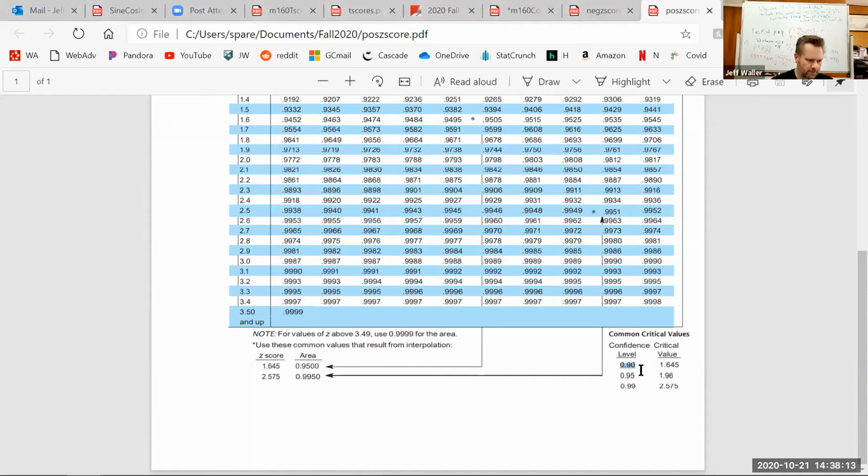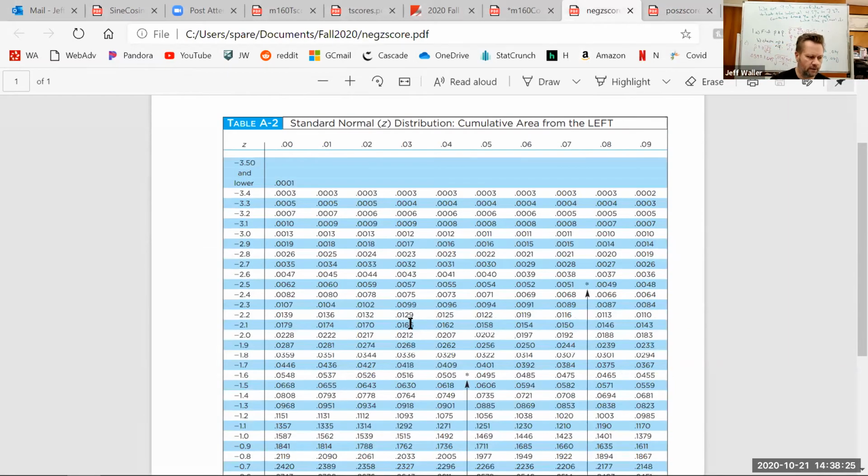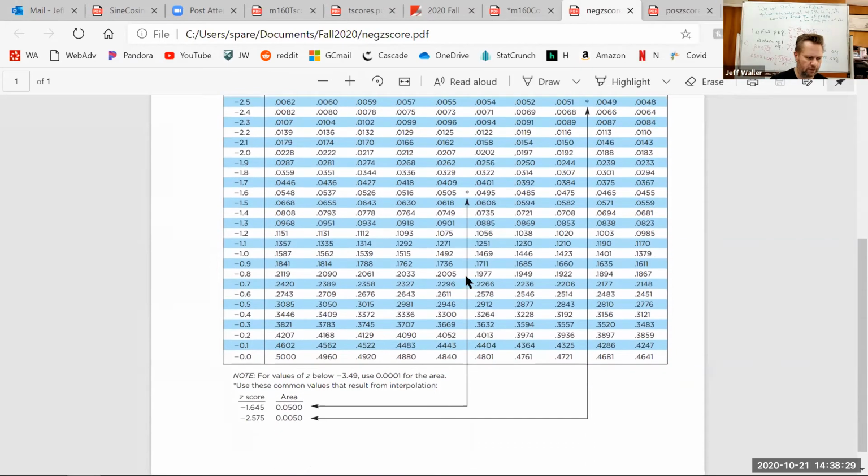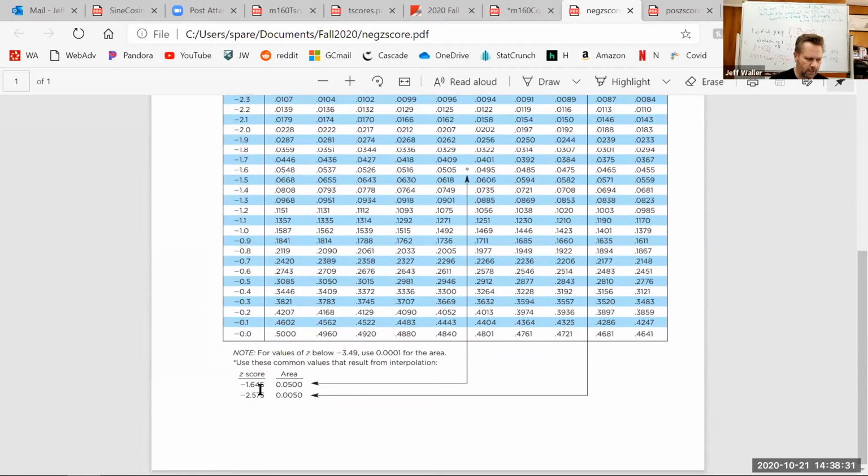See there, 90% confidence is 1.645. Or if I'm 90% confident, there's 10% outside, which means there's 0.05 below. If you look up 0.05, it's one of the star values, which takes you down to 1.645. So either way you look at it, you find 1.645. Is that all right?